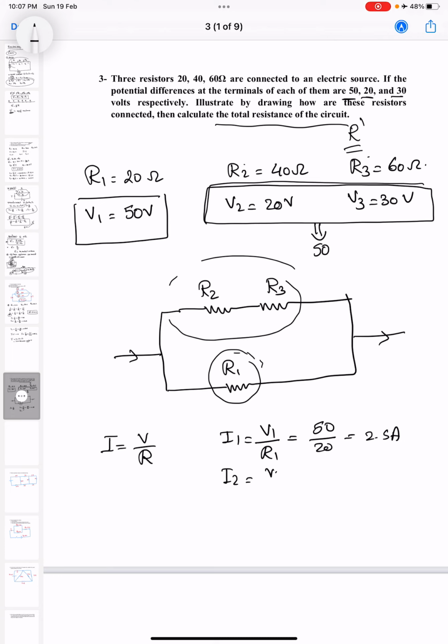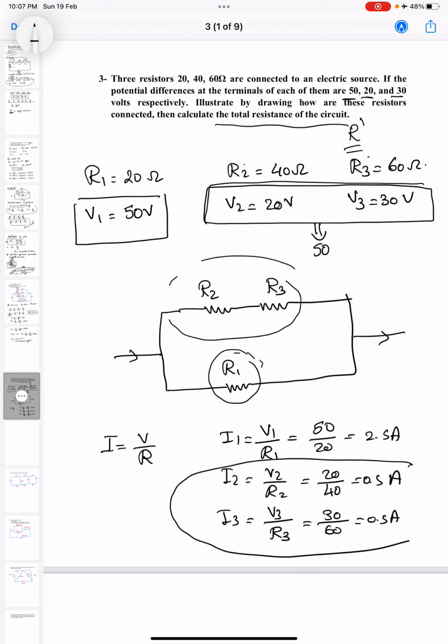I2 equals V2 divide by R2 equals 20 divide by 40 equals 0.5 ampere. I3 equals V3 divide by R3 equals 30 divide by 60 equals 0.5 ampere.